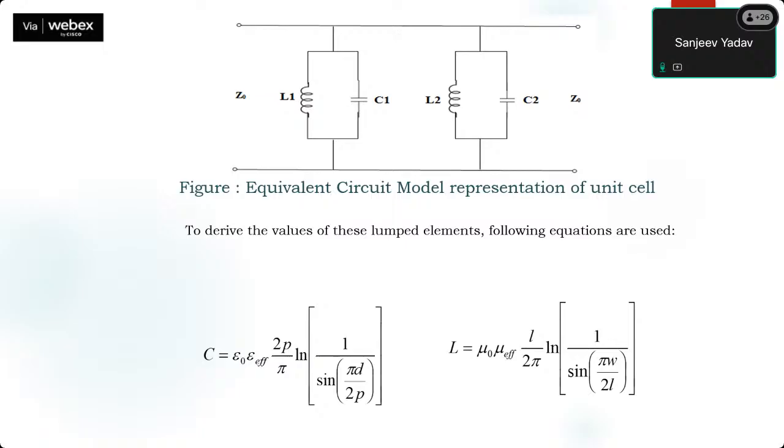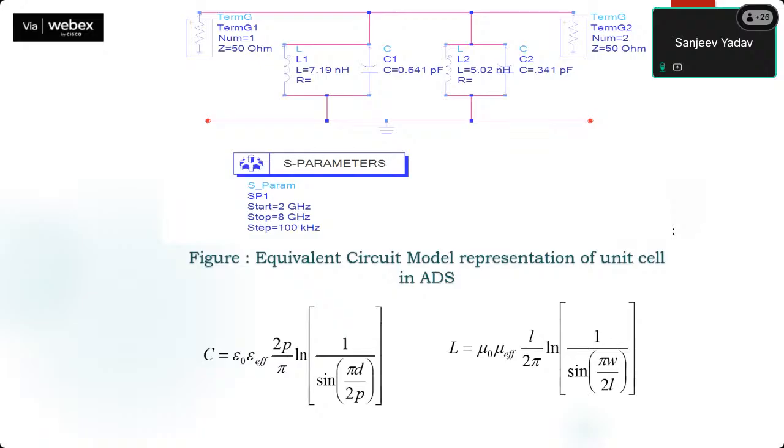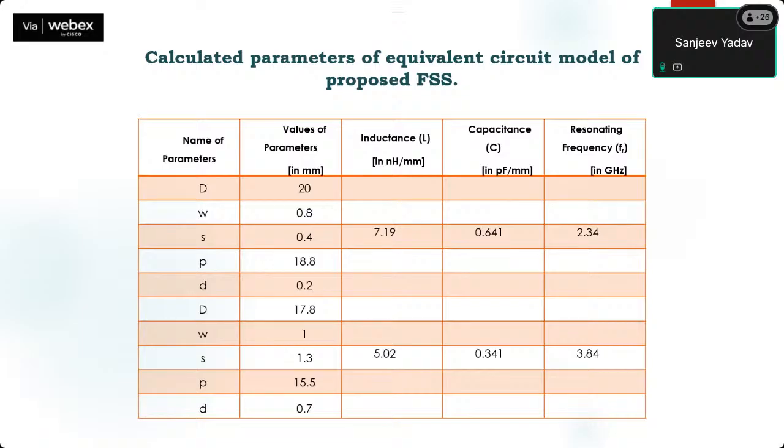Here we have the two rings, so we get this type of structure, and these formulas for L and C are calculated from these, and these results have been analyzed using the ADS software as well. From these parameters, we have found the resonant frequencies, approximately 2.34 and 3.84 gigahertz, calculated using this.